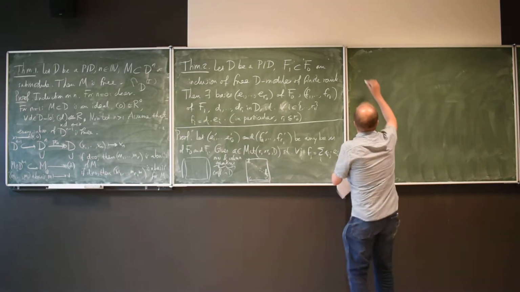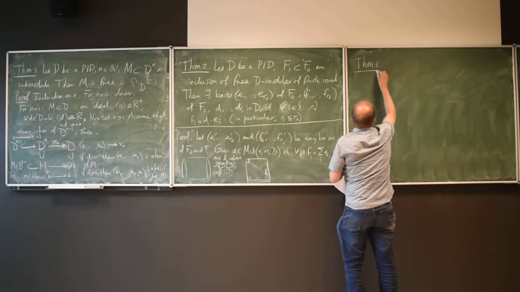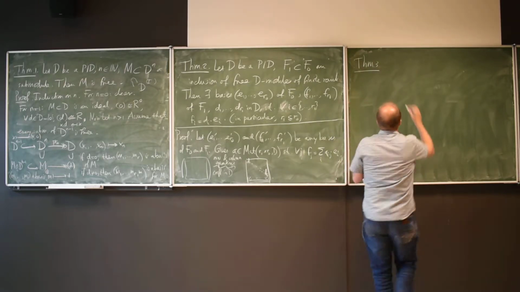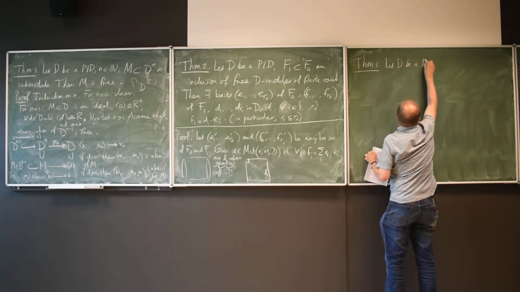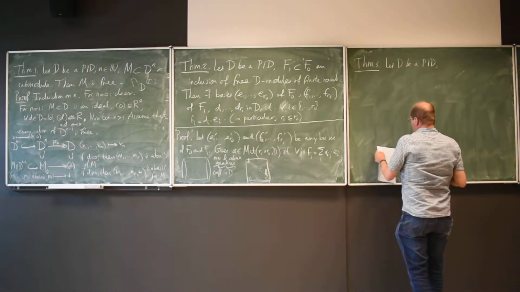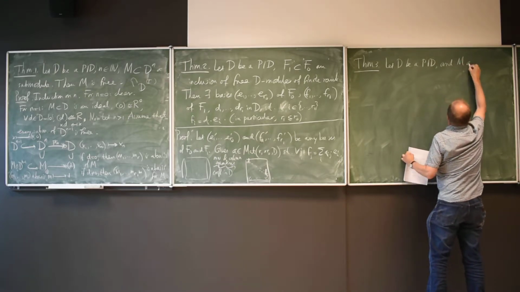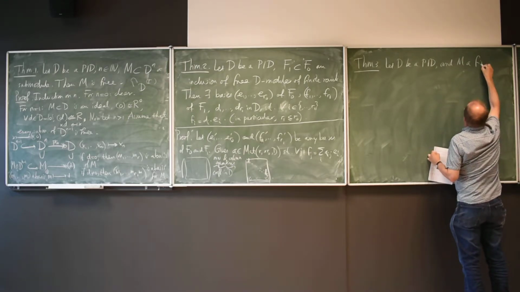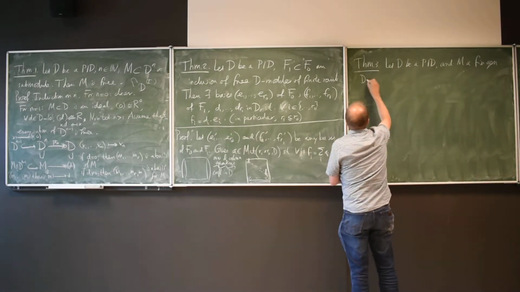And then now we are ready for the next theorem. And this is the classification theorem. It says: let D be a principal ideal domain and M a finitely generated module over this D, so that is a D module.